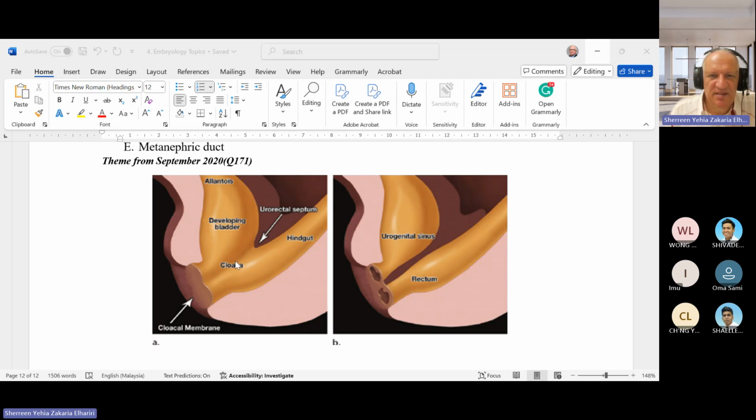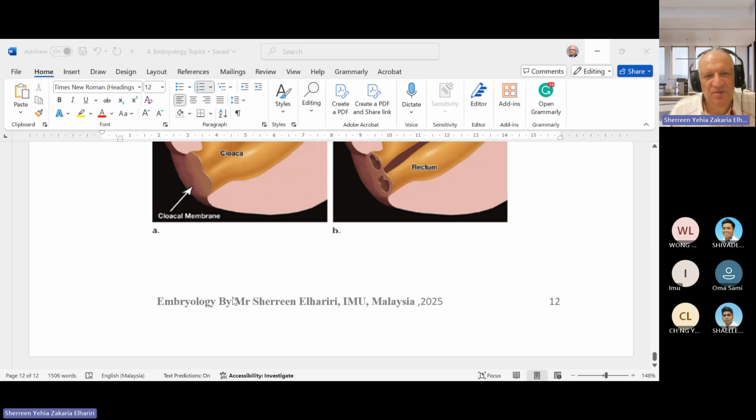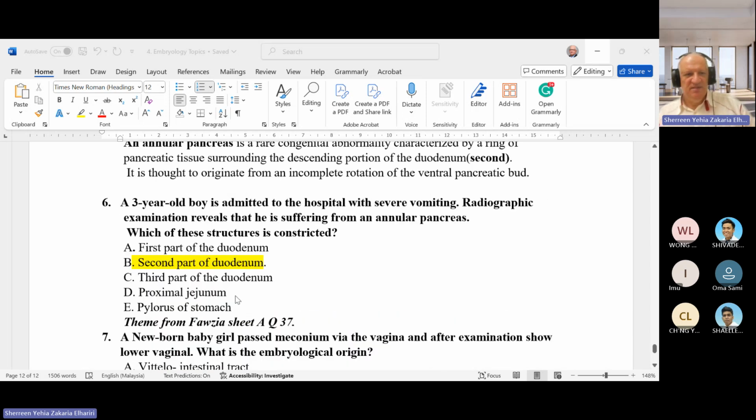If it is present, it is like this. The urogenital sinus becomes the urinary bladder, and later the uterus, and the rectum, so they are separated. If not separated, we call it improper division of the cloaca septum. This is not common, but they just ask you about the anomalies.